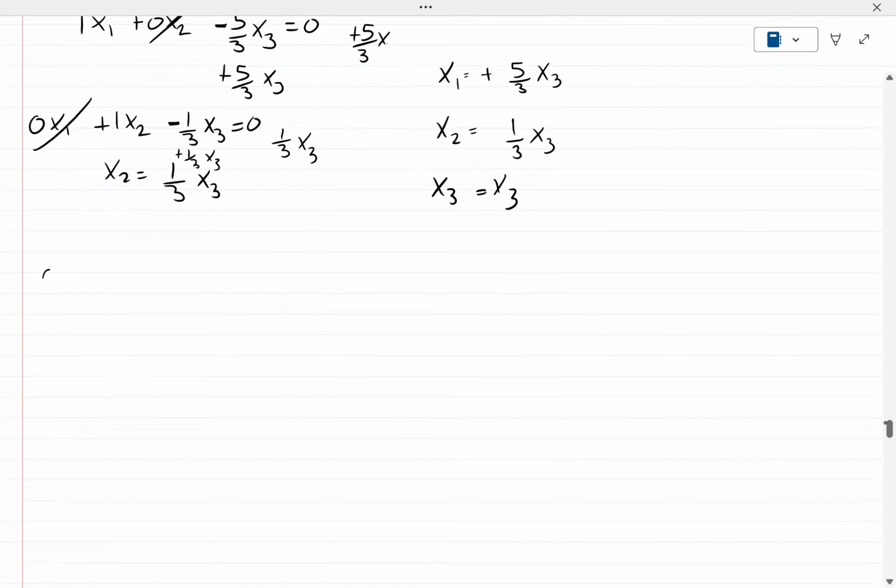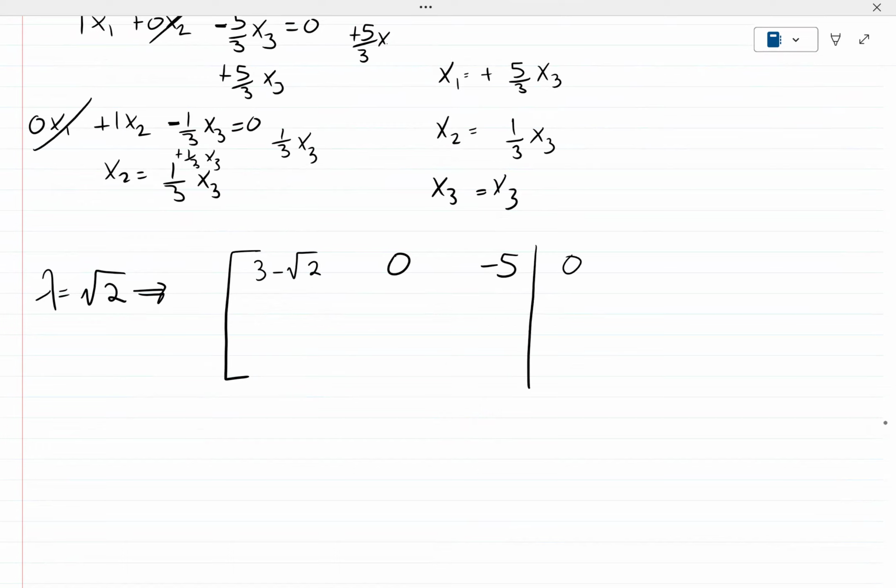Okay, so now we said that our lambda was square root of 2. My lambda is equal to square root of 2, which gives this matrix. 3 minus square root of 2, 0, negative 5, and then I'm going to use 0. And then this is going to be 1/5, negative 1 minus square root of 2, 0, 0.